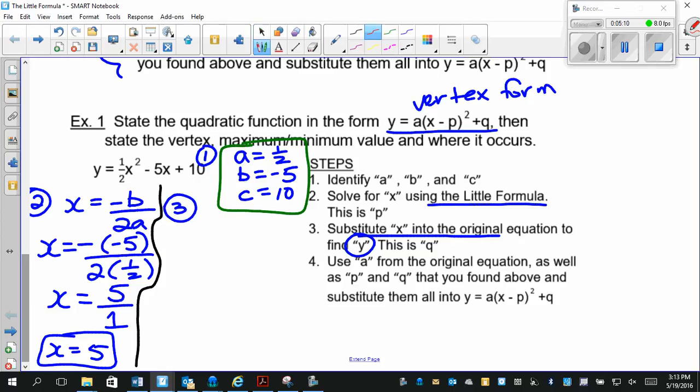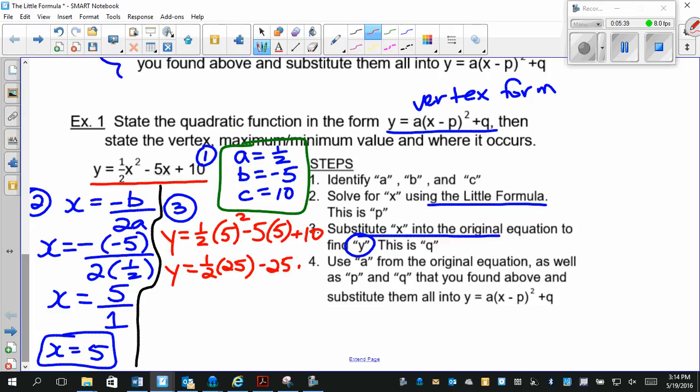So y equals a half 5 squared minus 5, and x is 5, and then plus 10. All right, so 5 squared is 25, and minus 5 times 5 is minus 25, and then add plus 10. So y equals a half of 25.